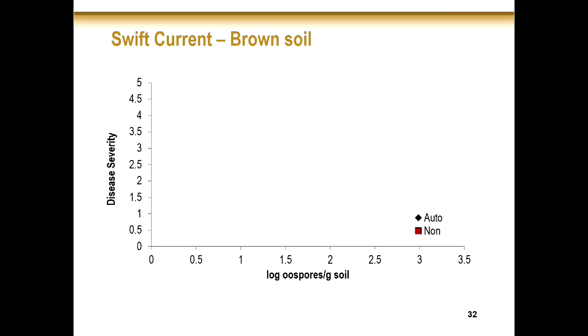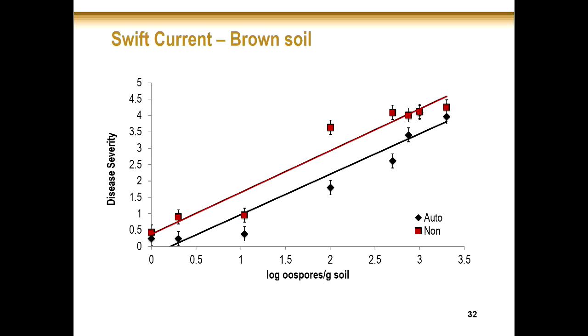And then for the brown soil zone, again, we have our autoclaved soils. We see that nice linear relationship. And what was interesting here is that when you take your non-autoclaved soil, so raw soil, lots of different microorganisms, we get a very different pattern of disease. For our autoclaved soil, where there's nothing but Aphanomyces, we need about 750 oospores per gram of soil to cause disease.